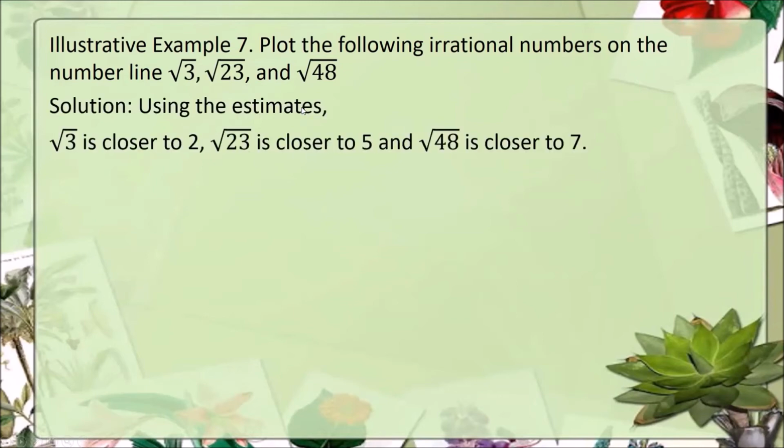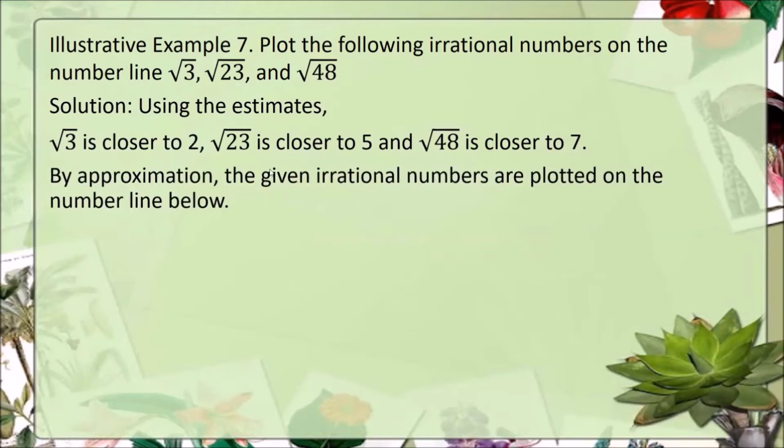Using the estimates, square root of 3 is closer to 2, since 2 times 2 is 4. Square root of 23 is closer to 5, since 5 times 5 is 25. And square root of 48 is closer to 7 because 7 times 7 is equal to 49. By approximation, the given irrational numbers are plotted on the number line below.